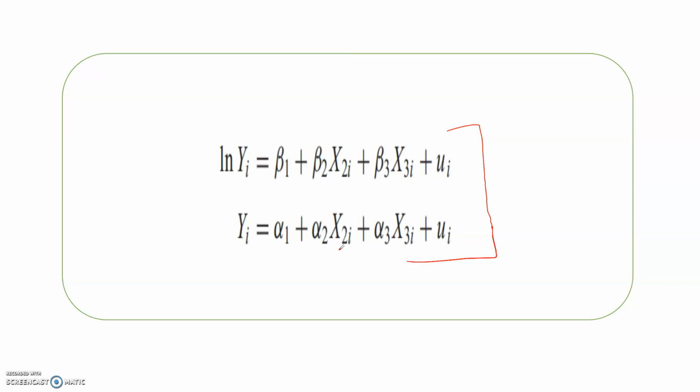Why? Even if the sample size of both models is equal, we still won't be able to do it, since you can see that here the dependent variable yi is in its log form, whereas here it is not. So we won't be able to compare these two models using the coefficient of determination, whether simple R square or adjusted R square. Neither of them can be used here to compare these two.